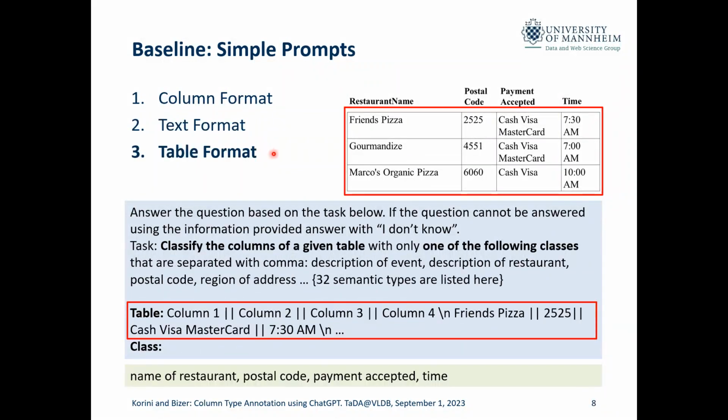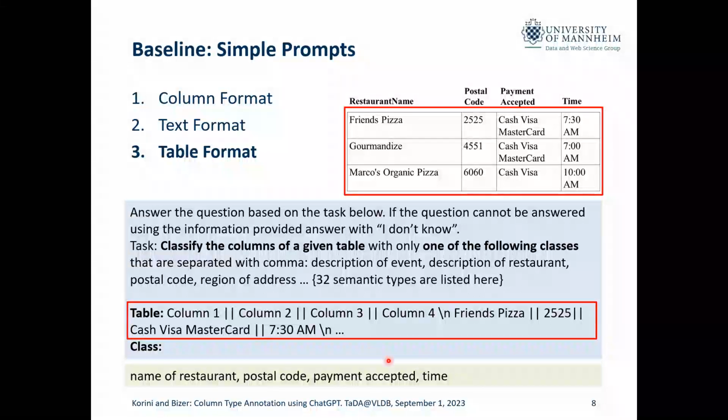The last way of introducing CTA is the table format, where we experiment if ChatGPT can annotate all columns of a table at once. We use the keyword table, and pass the rows of the table concatenated one by one. In this case, the model is expected to answer with as many classes as there are columns.